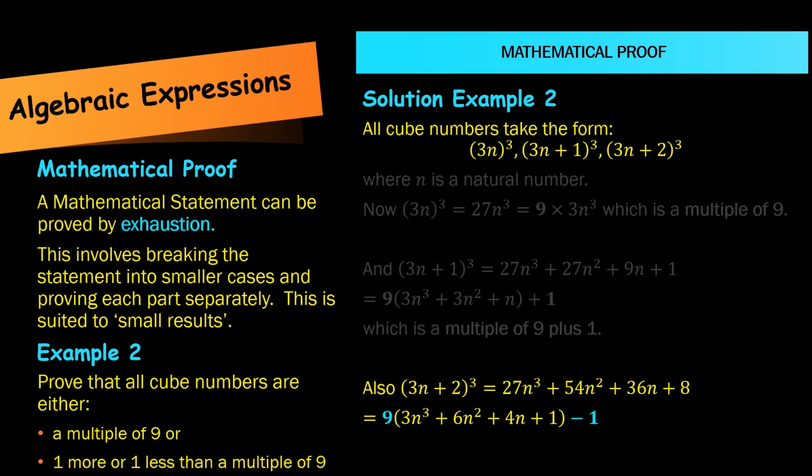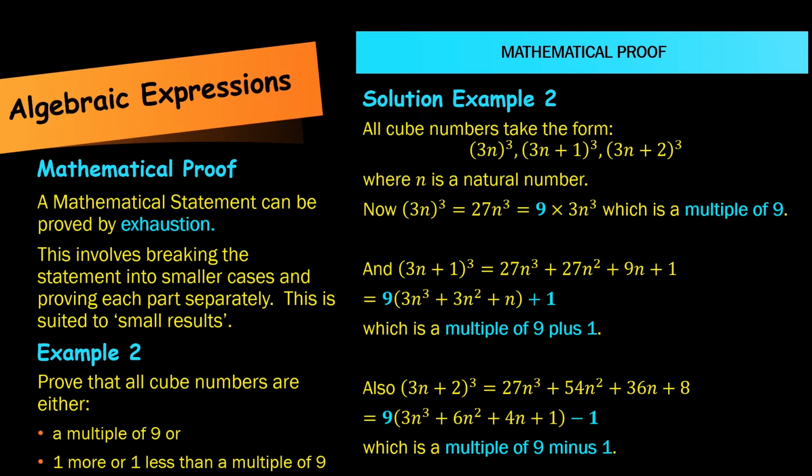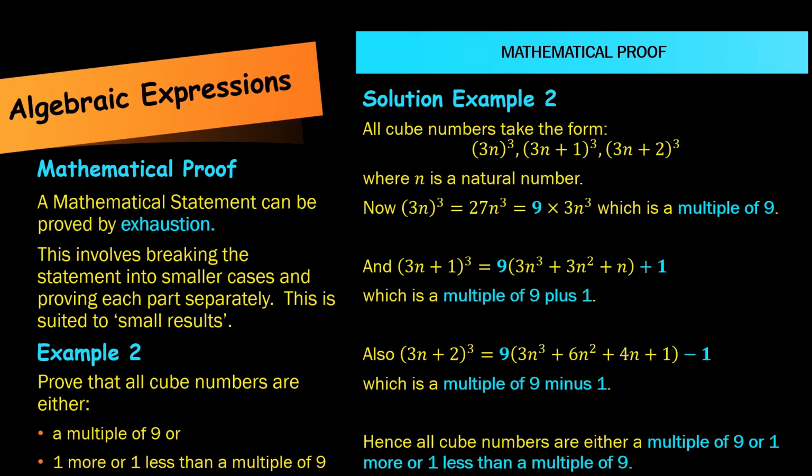This in turn equals 9 times something minus 1, and therefore we have it in the form a multiple of 9 minus 1, as shown. And therefore, all cube numbers are either a multiple of 9 or one more or one less than a multiple of 9.